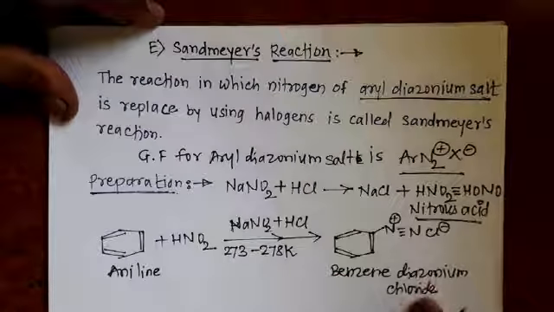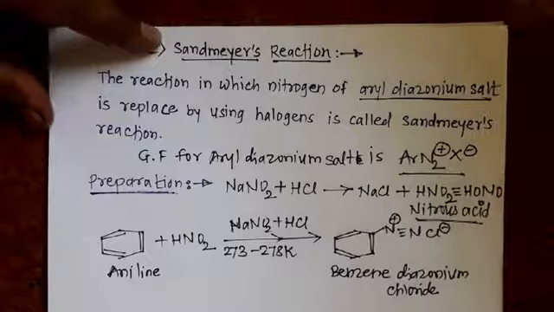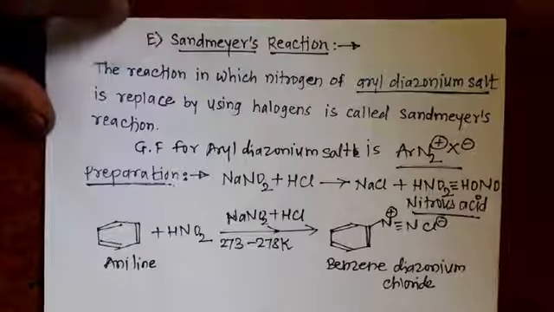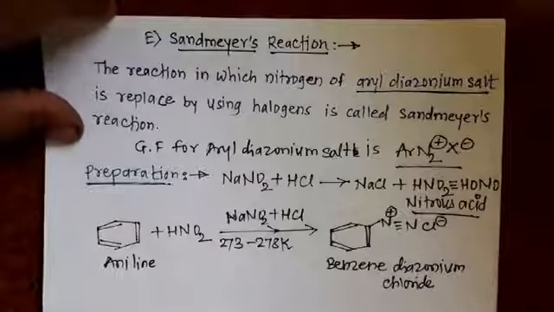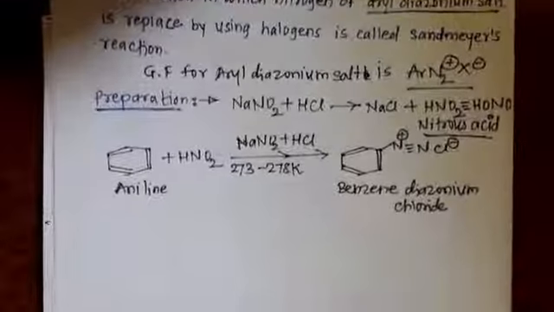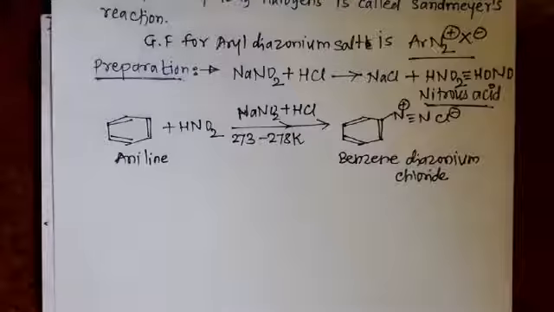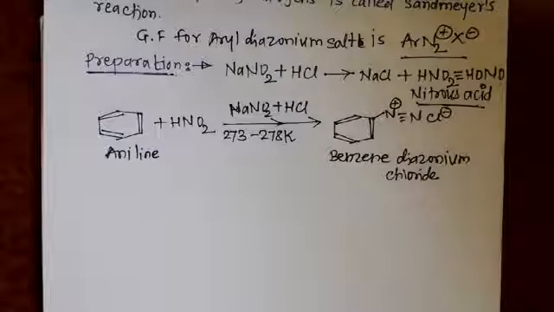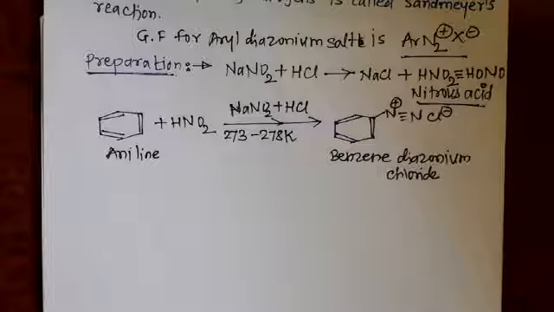Further, this benzene diazonium chloride is used for the preparation of aryl halides. And these aryl halides, that is fluorobenzene, chlorobenzene, bromobenzene and iodobenzene, require different types of reagents.